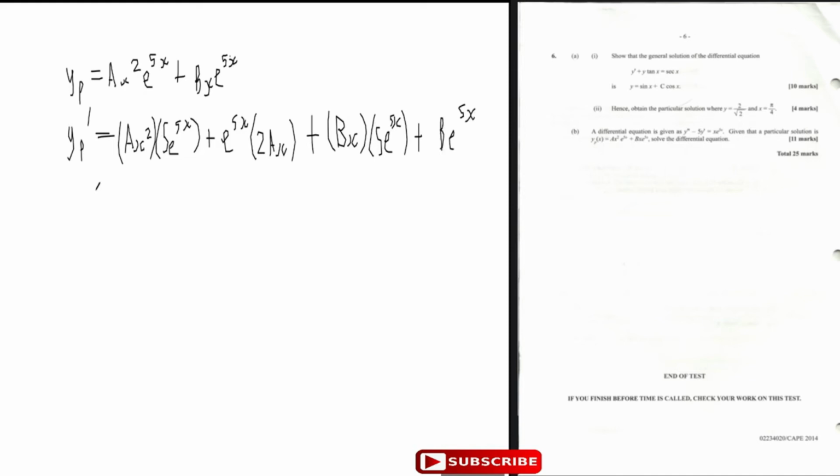Let me write this out a little better. yp prime is 5ax squared e to the 5x plus 2ax e to the 5x plus 5bx e to the 5x plus b e to the 5x.